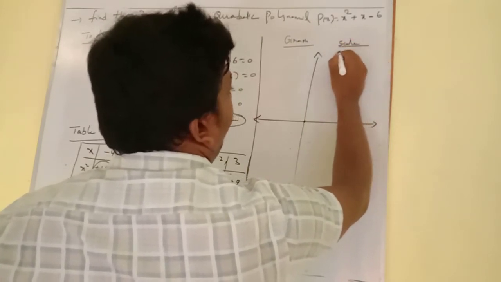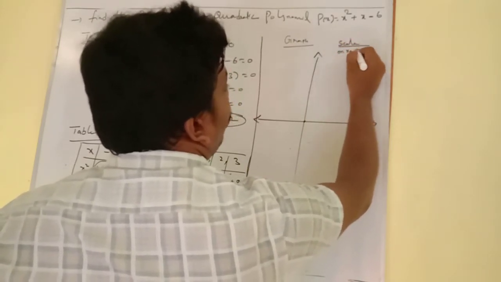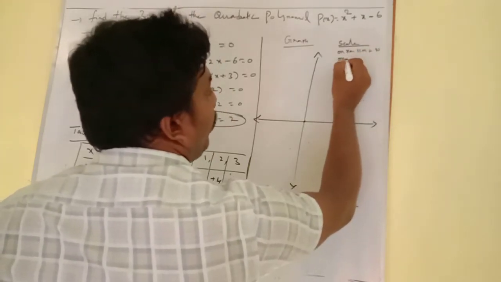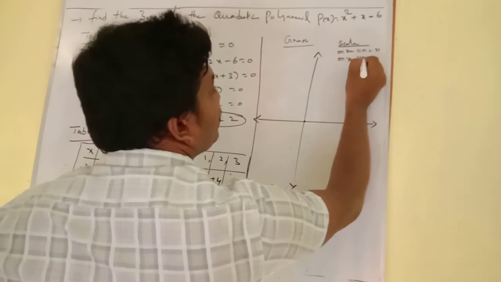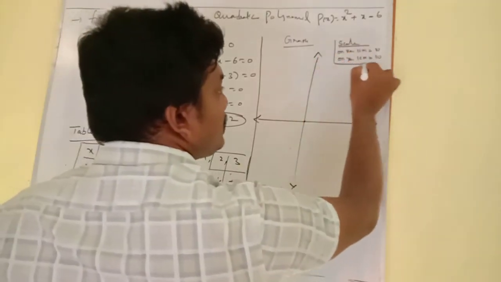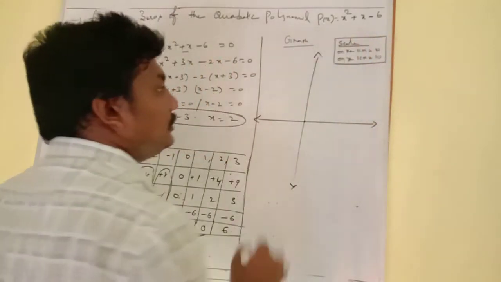Scale: on the x-axis, 1 centimeter equals 1 unit. On the y-axis, 1 centimeter equals 1 unit. This scale is a must to display this.